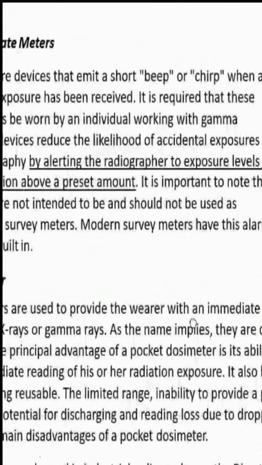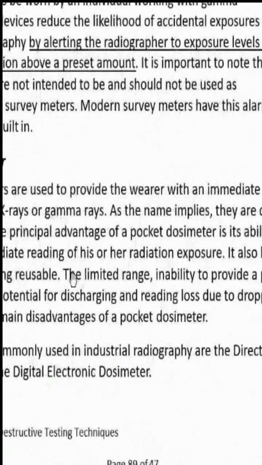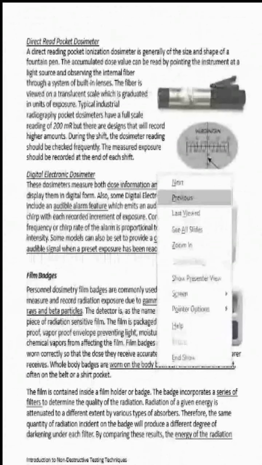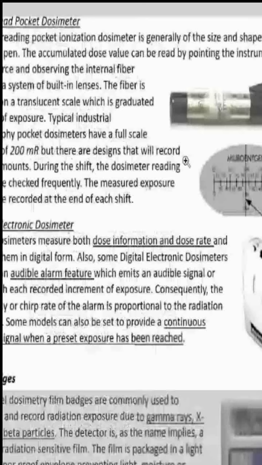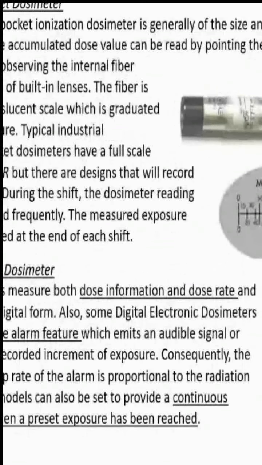Again, you have the pocket dosimeter. These are called pocket dosimeters. These are electronically charged pens. When you put it in the charger, it detects the amount of radiation this pen has received, and it is shown either on a mechanical device or, nowadays, a digital device.